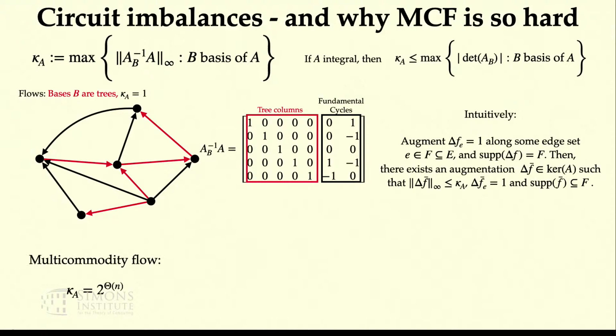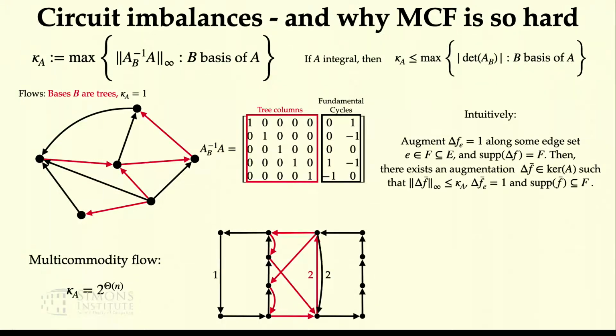But it turns out why multi-commodity flow is so hard is that kappa is exponential, and that can be seen by a very simple example. Let's say we have the first commodity here, and I want to route 1 unit of flow from here to here, and I can do that, say, around this cycle here. This is necessary for the first commodity to preserve the demands. But now what could happen is that I violate the edge capacity on this arc, and say on this arc as well.